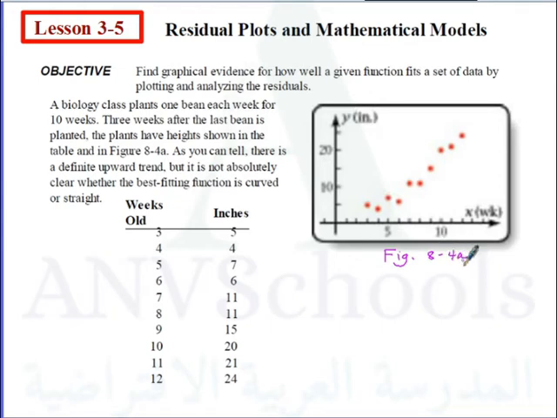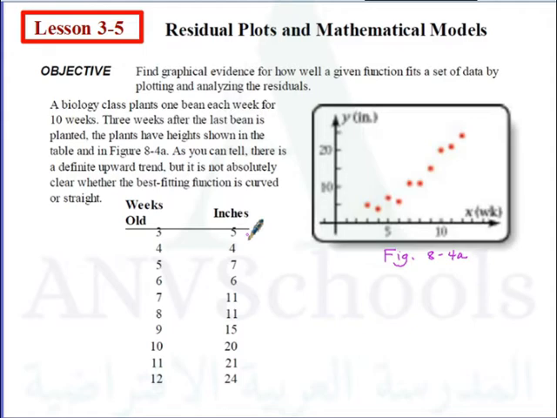As you can tell, there is a definite upward trend, but it is not absolutely clear whether the best fitting function is curved or straight. So let's look at the data. 3 weeks old, the height of the bean is now 5 inches. After 4 weeks, we have 4 inches, and after 5 weeks, these are 4 different beans.